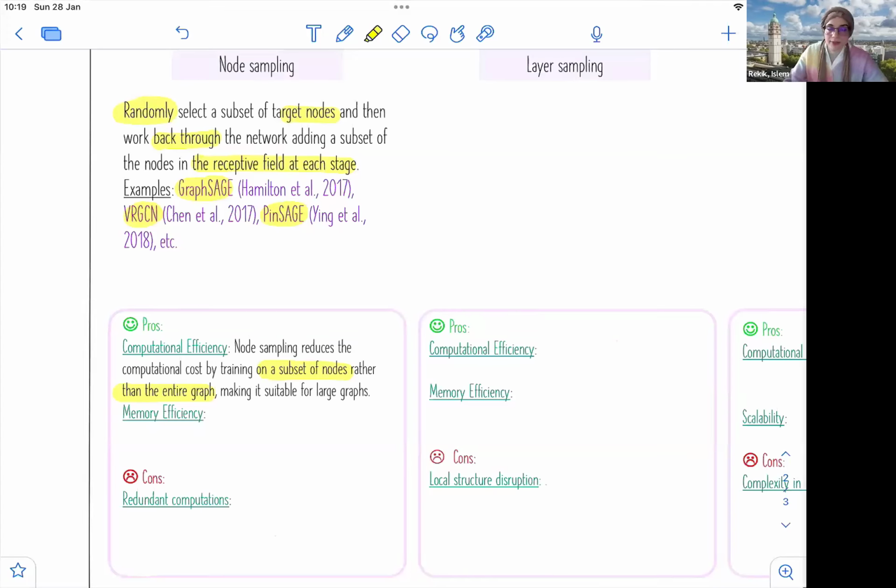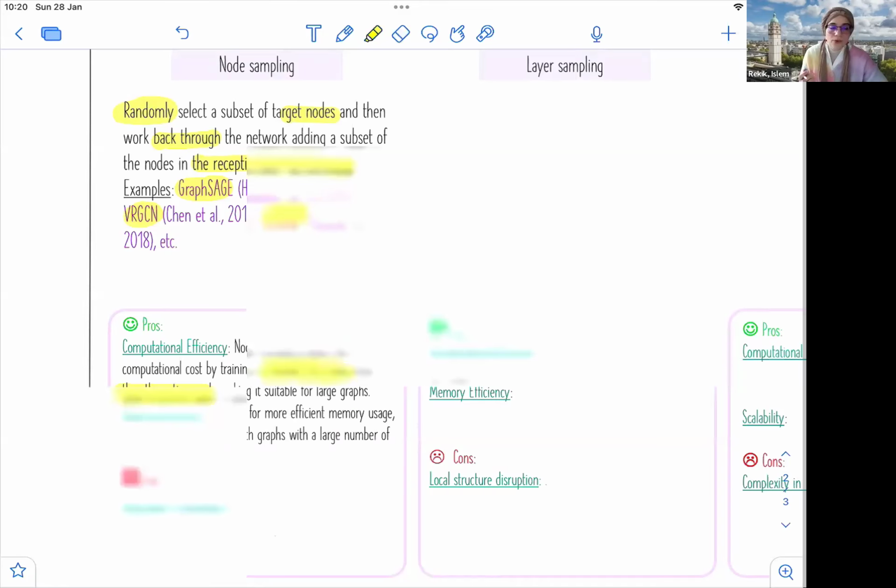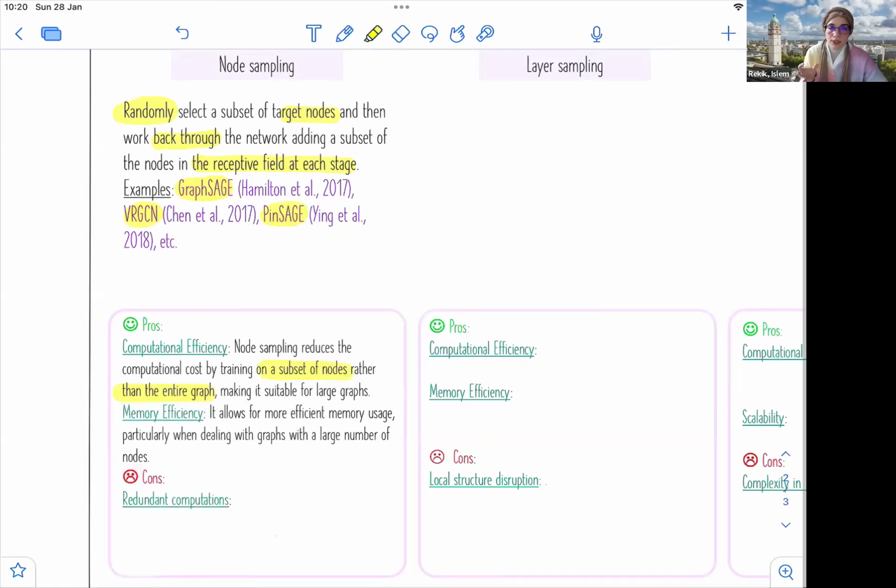It makes it quite suitable for large graphs, compared to taking the whole data set. In terms of memory, it allows more efficient usage, particularly when dealing with huge graphs.